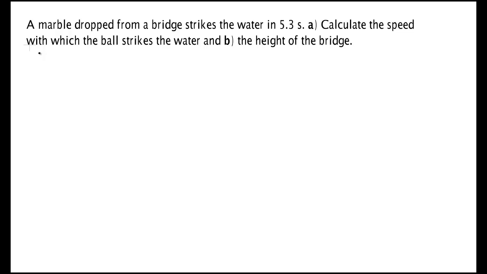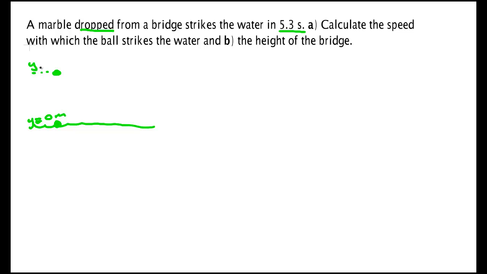In this video, we're going to work through a free fall problem. It says a marble is dropped from a bridge and strikes the water in 5.3 seconds. Alright, so there's some marble up here, let's say it's right here, at some height y, and it eventually is going to hit the water, which I will say is my y equal 0 meters.